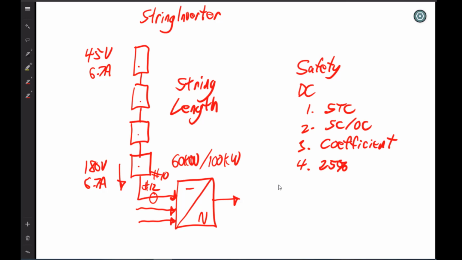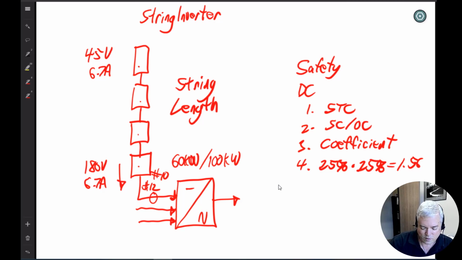It runs for 3 hours or longer, and the National Electric Code requires a 25%. Okay, great, but after you've measured the standard test conditions, the short circuit, open circuit values, and multiplied in the coefficient, just to make extra sure, they throw on another 25%, which the two 25% together equals 1.56, or 156%.